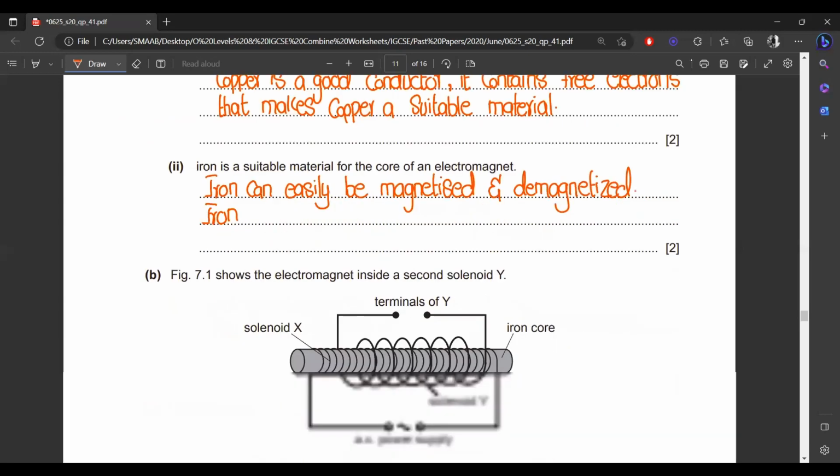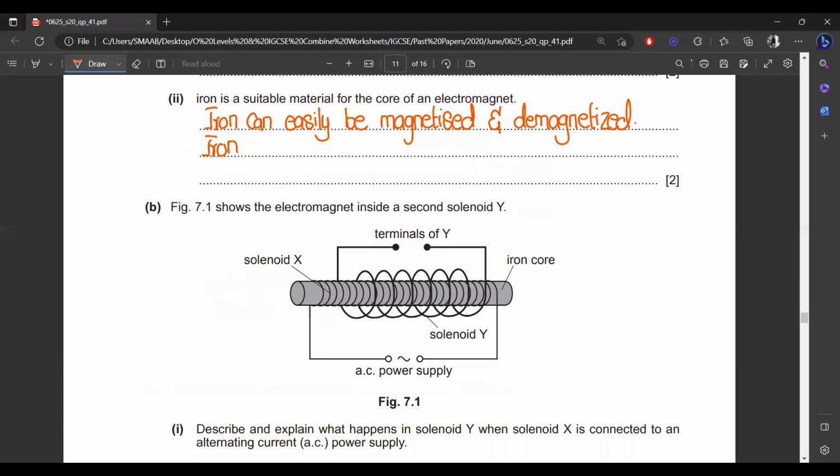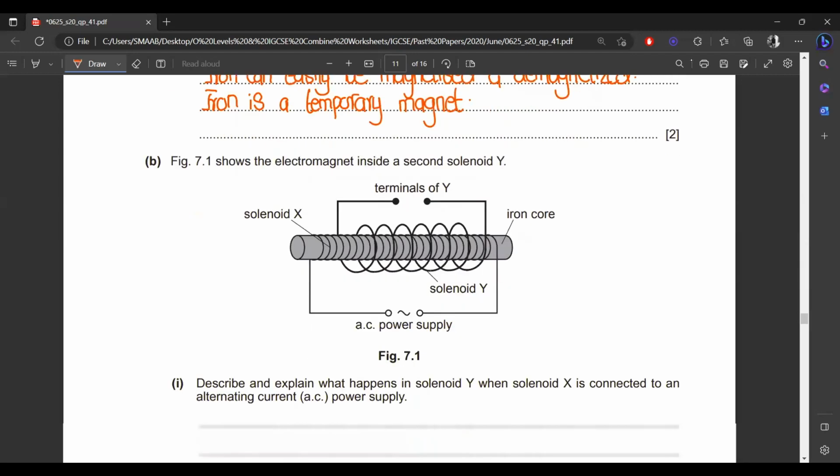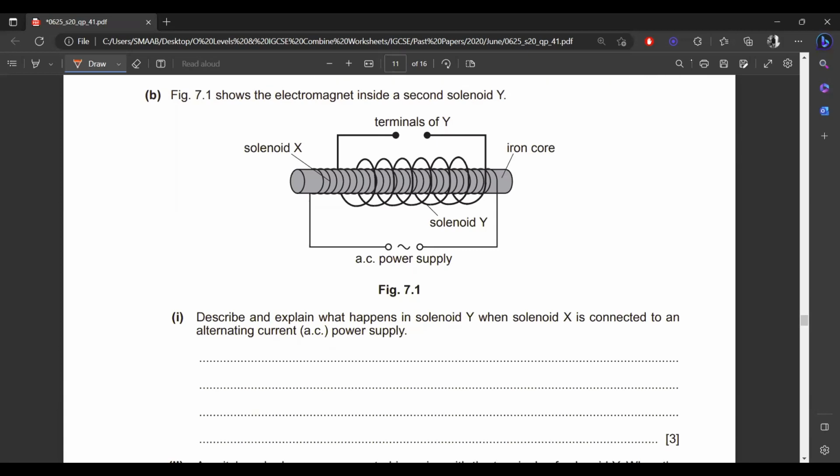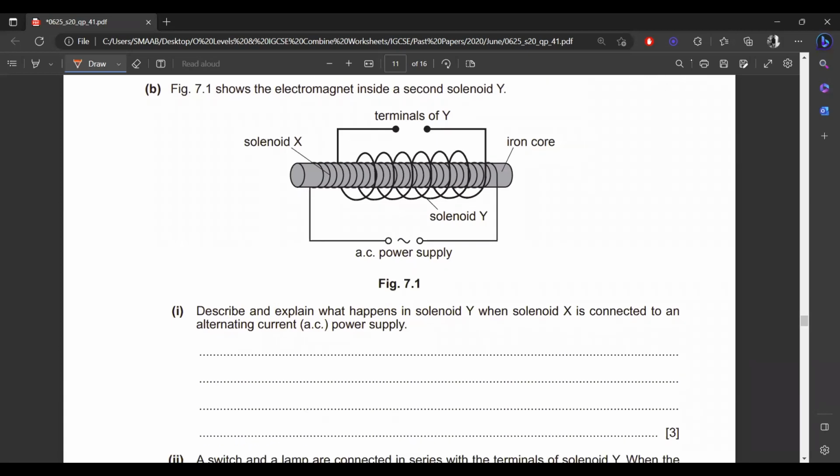Okay. Next part is, in the next question, there is a solenoid and it shows the setup of an electromagnet inside a second solenoid Y. So describe and explain what happens in solenoid Y when solenoid X is connected to an alternating current power supply.